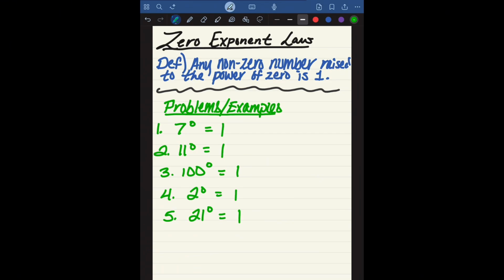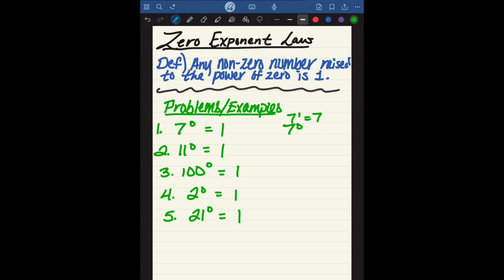Now, if you want me to explain how we always got 1, let's work with number 1 right quick. So we got 7 to the 0 power, right? Remember, 7 to the first power equals 7.